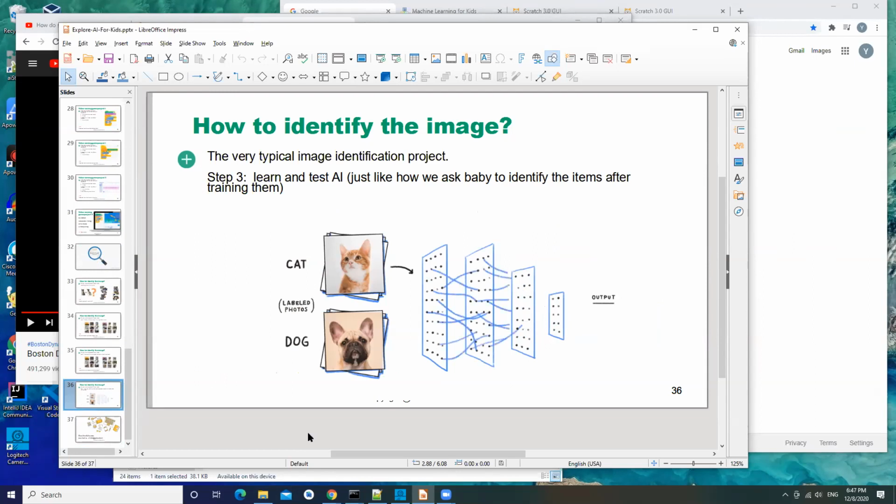So now we can learn and identify which animal belongs to which category. For example, you give the picture of the cat. What they are doing is that they go through multiple steps. They try to understand, oh, this may look like an animal first.